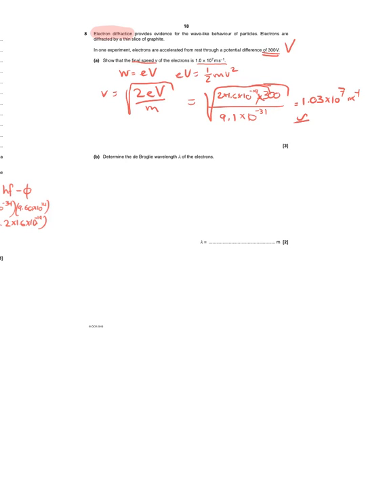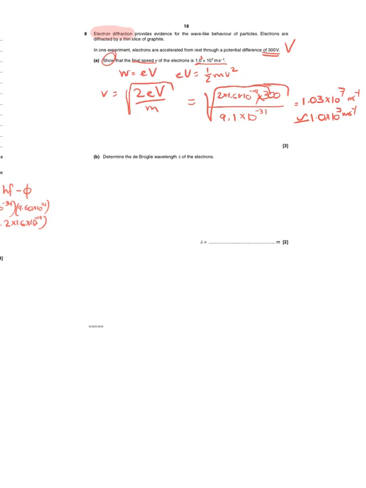But since we need to show roughly, it's 1.0 times 10 to the 7. So if you need to show something, you always calculate it to an extra significant figure, so you can show that it rounds up or down to that.